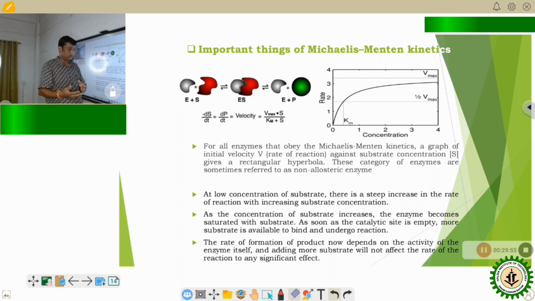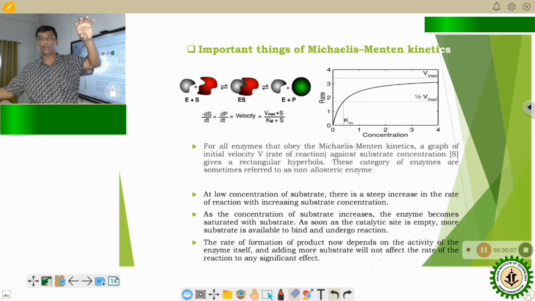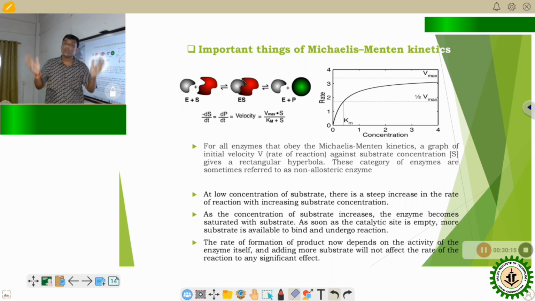Why does this happen? Because 10 mole enzyme interacts with 10 mole substrate, giving 10 mole product, and the enzyme is released in its native form. Then the enzyme returns back and interacts with substrate, which takes another 1 hour. So at a particular concentration when all the enzyme is saturated with substrate, that is called the saturation point.